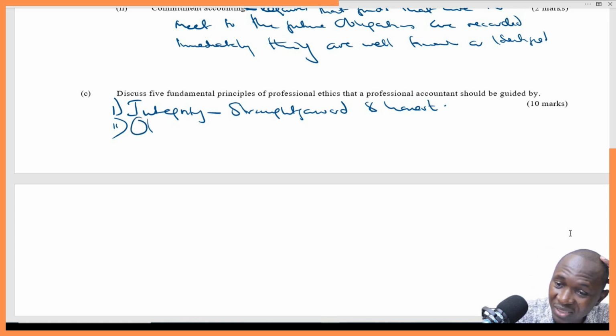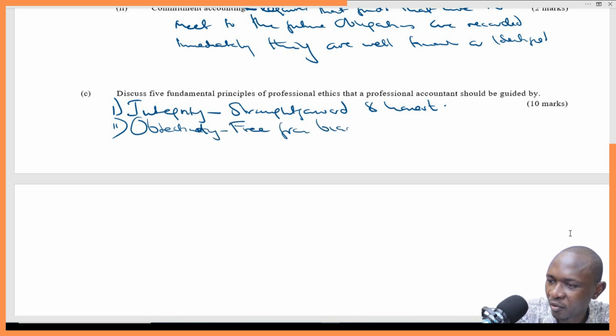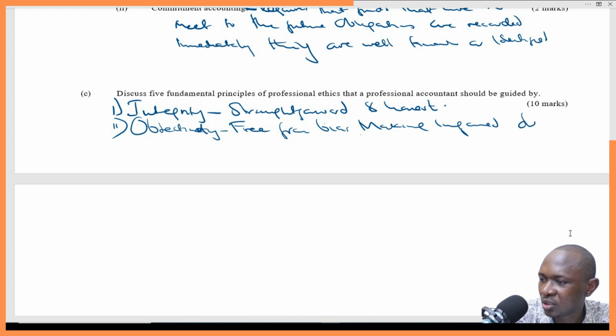Number 2, we have objectivity. Objectivity, and this is free from bias. Making informed, independent decisions that are based on facts.